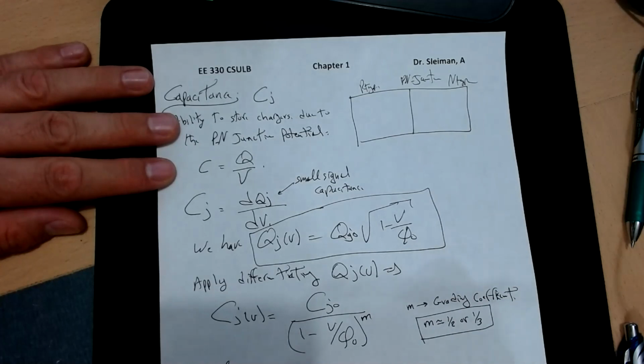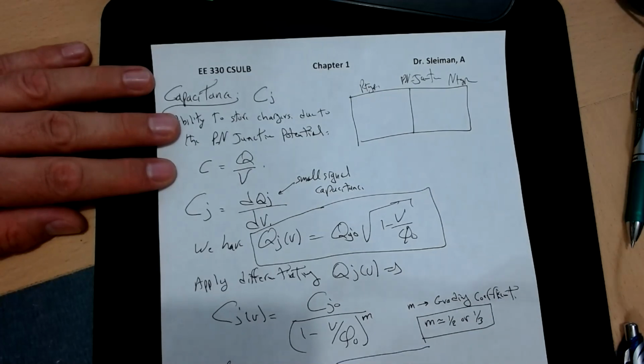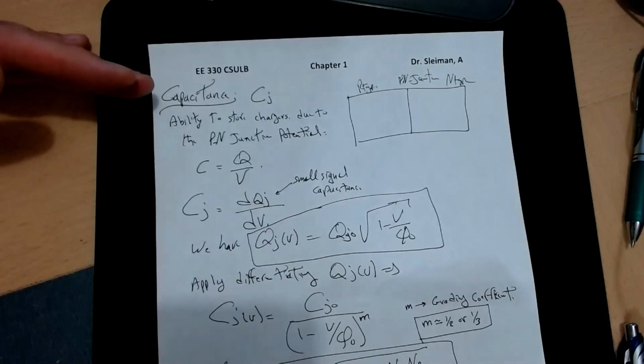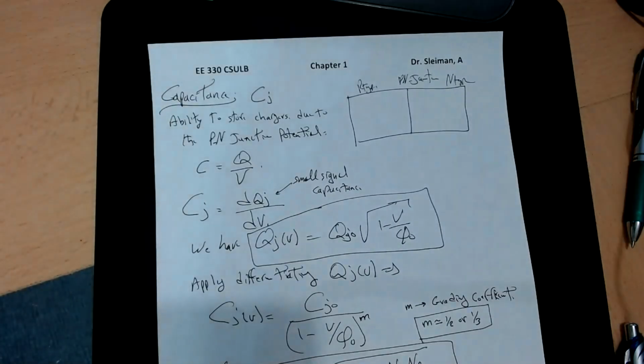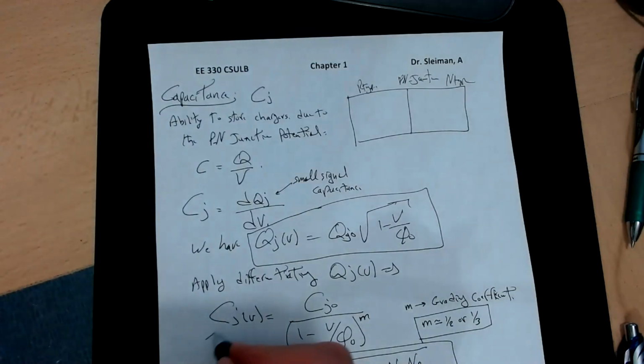And Cj0 is equal to the area times the square root of epsilon Si q divided by 2, times N_A N_D over N_A plus N_D. This is the junction capacitor.